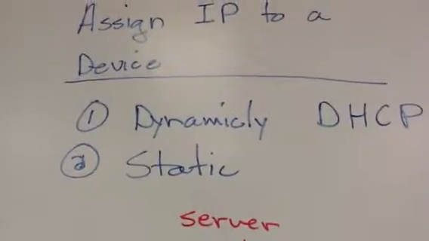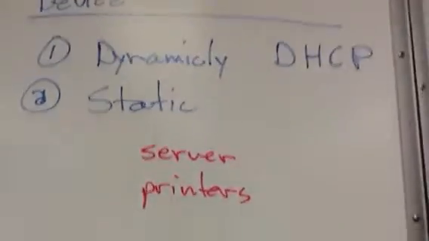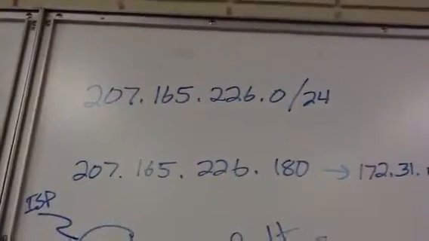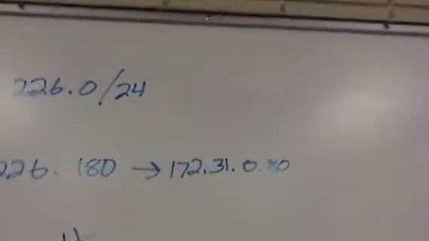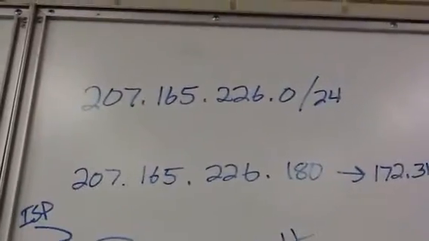You can either do it dynamically, DHCP, or statically. Statically would be primarily for servers, but it could be other devices too. So then we talked about this is a particular server, and we have an IP address assigned to it statically, and then we use static NAT to translate that.